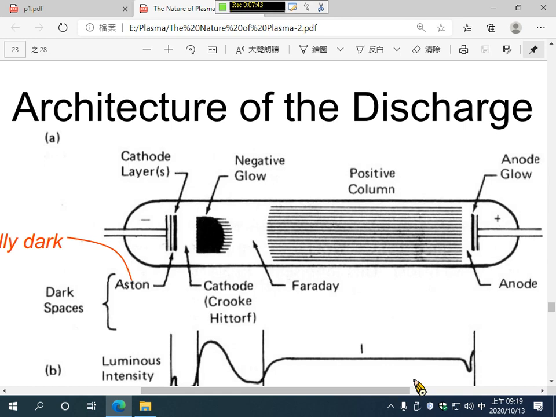And then some electrons keep moving along this direction.